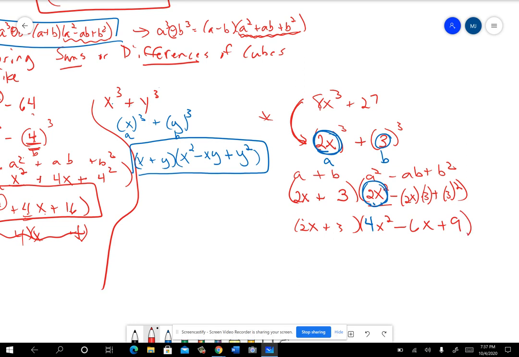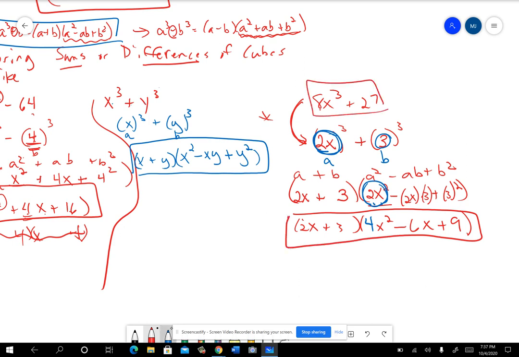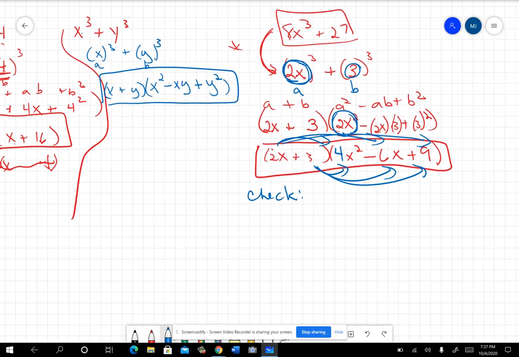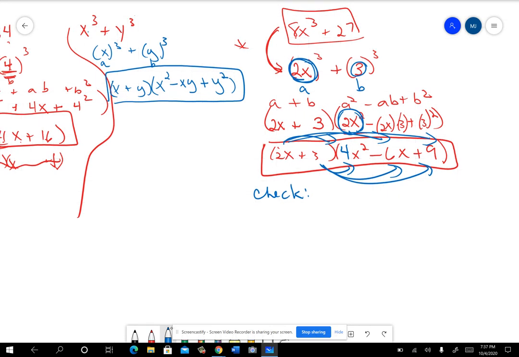Okay, see the thing is, whatever we write as being the factored form of the original problem would mean that if I took the time to distribute like this, then I ought to get 8x to the third plus 27. Okay, so here would be the check. This really takes a lot of time, so I don't normally do it, but I just want you to see it.